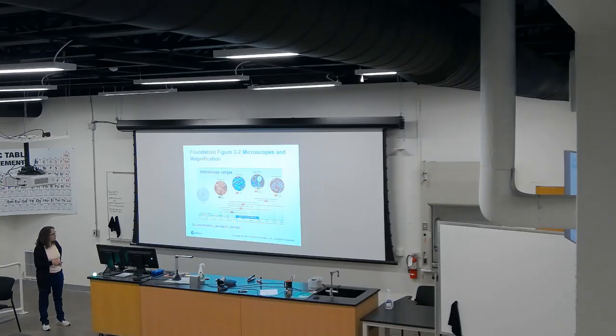So then this is the range for light microscopy, between 200 nanometers and 10 millimeters; the scanning electron microscope between 10 nanometers, which is here, and 1 millimeter; TEM, transmission electron microscope, between 10 picometers and 100 micrometers; atomic force microscope between 0.1 nanometers and 10 nanometers.